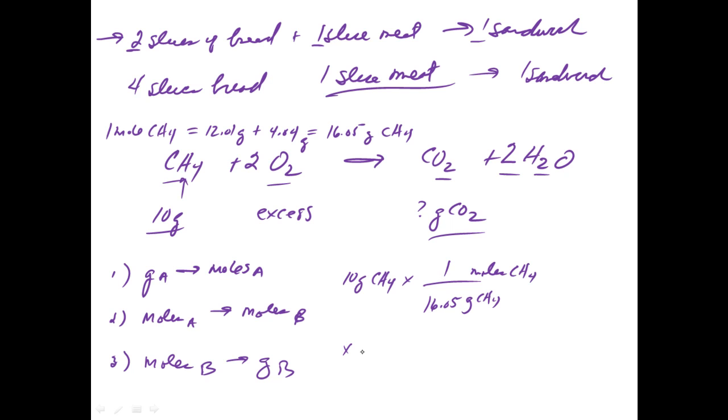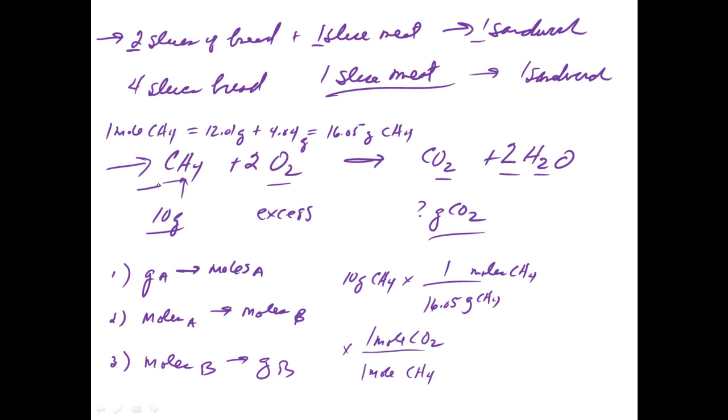Step number 2, the most misstepped on a stoichiometry problem, always comes back to the balanced chemical equation. You cannot do a stoichiometry problem without a balanced chemical equation. The balanced chemical equation relates one substance to another. So from our balanced chemical equation, we can see for every 1 mole of methane consumed, we get 1 mole of carbon dioxide.